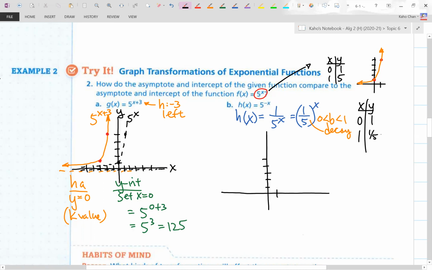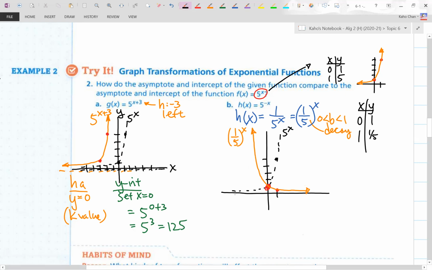So when I plot this relative to the parent graph, something interesting happens when you compare these two graphs. 0, 1, 1, 1/5. When you plot this, you'll get a mirror image, ladies and gentlemen. This is your decay function. Very cool.